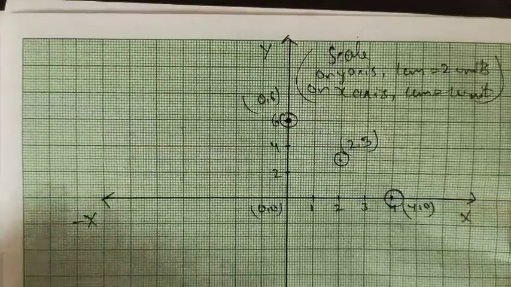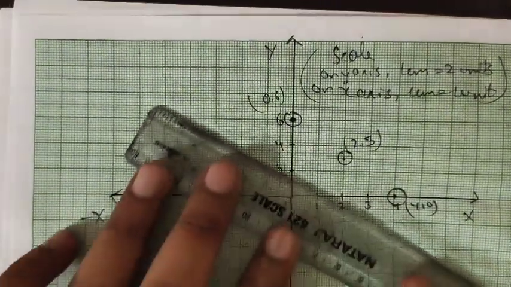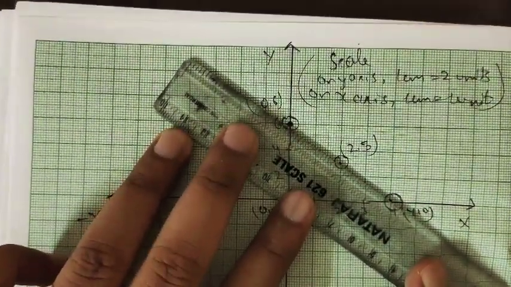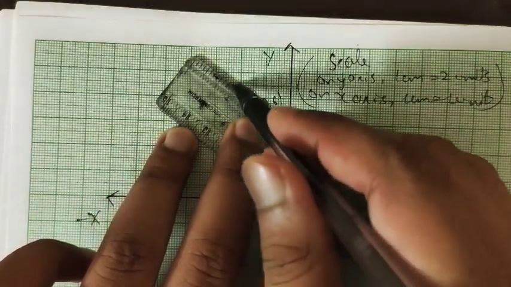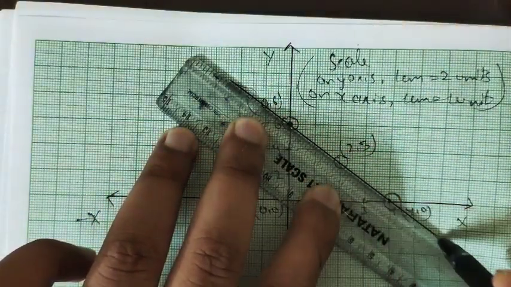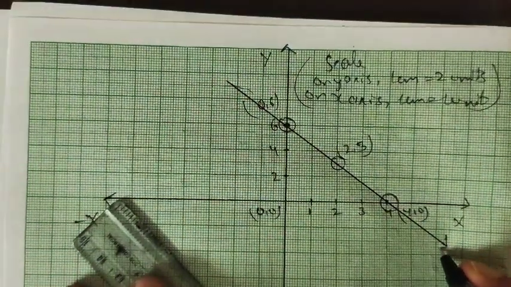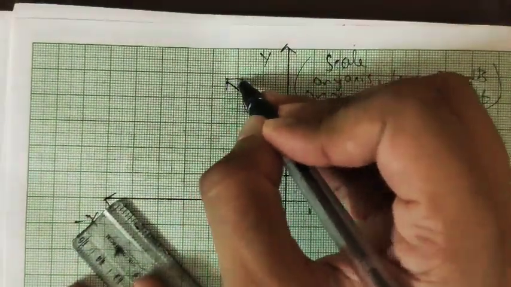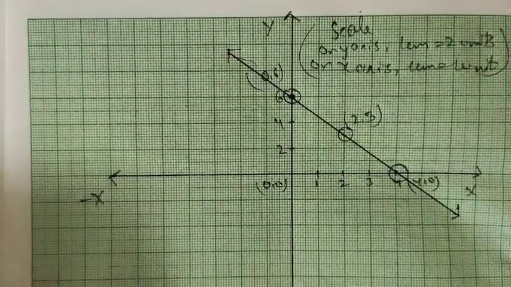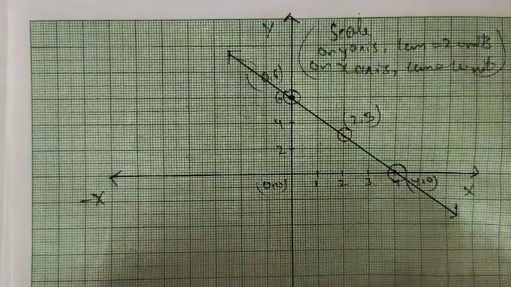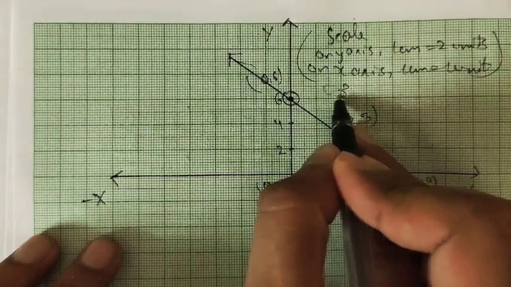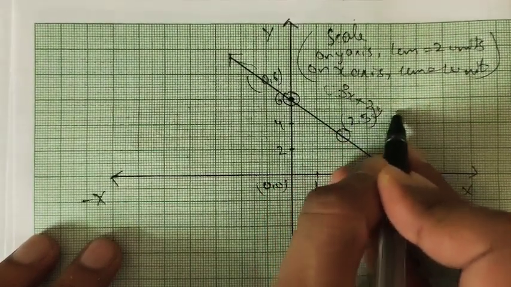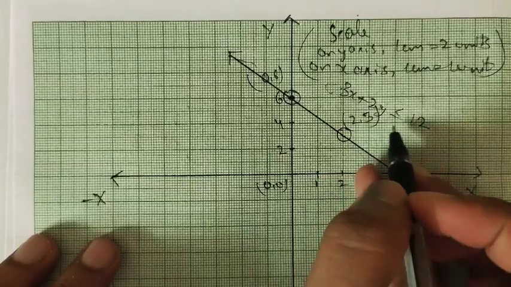So let's mark these points using a scale and draw a straight line in this way, and write the equation on top: 3x plus 2y is equal to 12. Actually 3x plus 2y is less than or equal to 12.